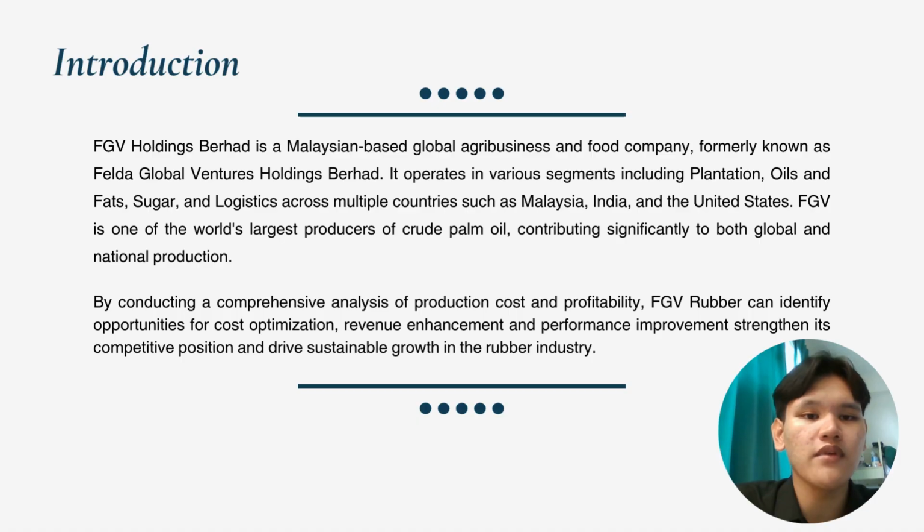FGV is one of the world's largest producers of crude palm oil, contributing significantly to both global and national production. By conducting a comprehensive analysis of production costs and profitability, FGV Rubber can identify opportunities for cost optimization, revenue enhancement, and performance improvement, strengthen its competitive position, and drive sustainable growth in the rubber industry.